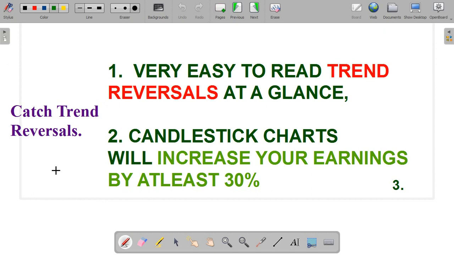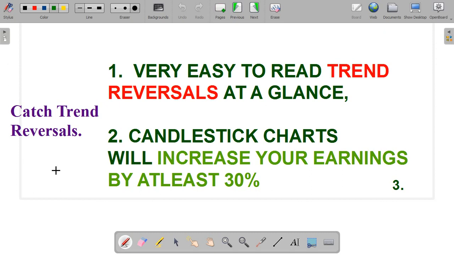Candlestick charts are very easy to understand and to read the trend reversal at a glance. That is actually where the focus has to be, that is, read the trend reversals. Candlestick charts will increase your earning at least by 30%. That is my assurance to you.